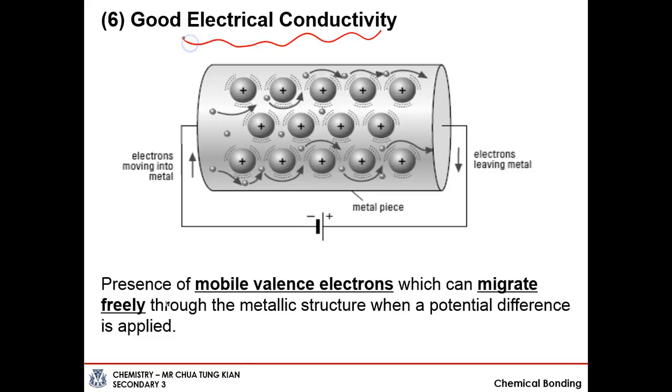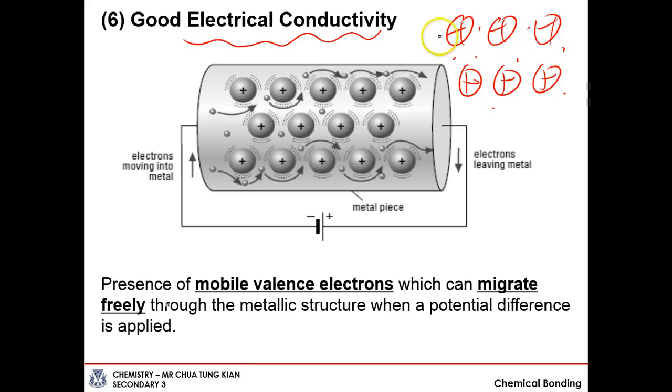So earlier, when I drew the structure out for the metals, if you were alert and you were fast enough, you will realize that because the electrons here are what we call delocalized, it means that they are not stuck onto one spot. They can move about the metal structure.